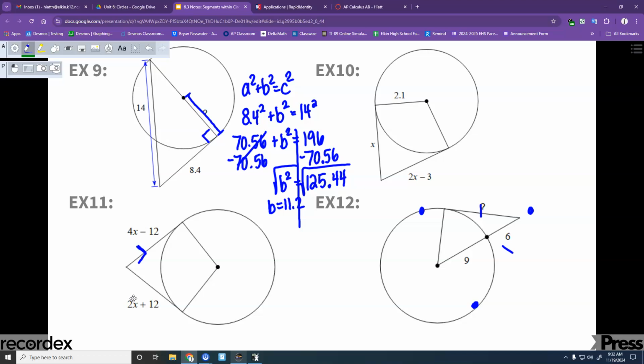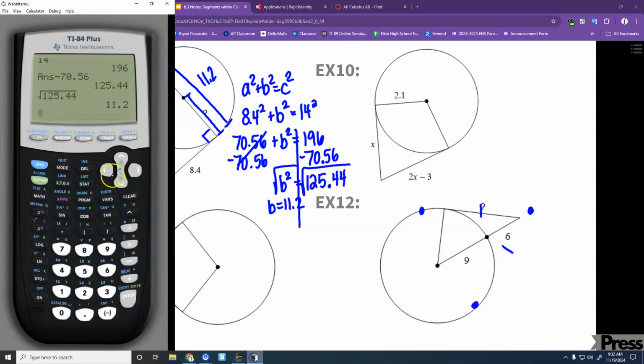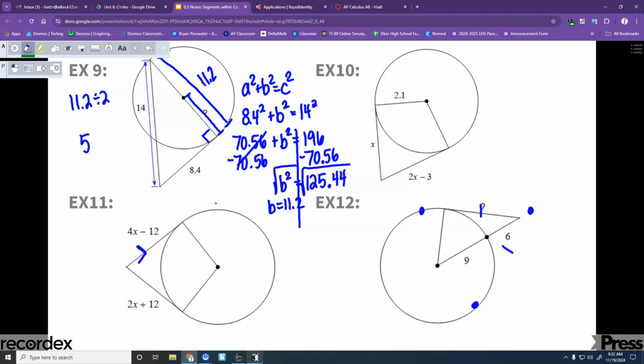Because that would be the length of the whole side of this diameter, right? That diameter would have a length of 11.2. What do I have to do to find my answer here? Divide that by 2. So 11.2 divided by 2 is going to give us, what, 5 point something? 5.6. So 5.6 is our final answer there.